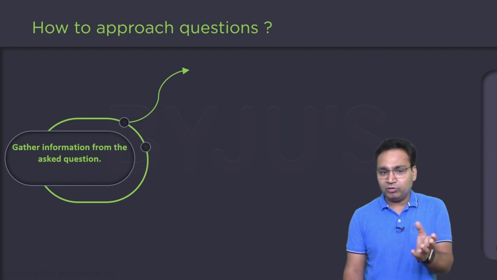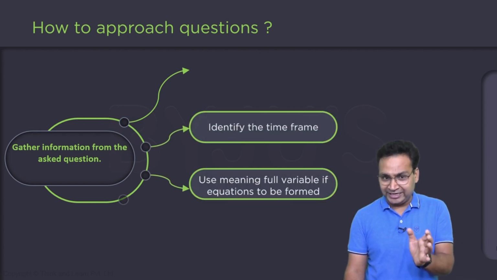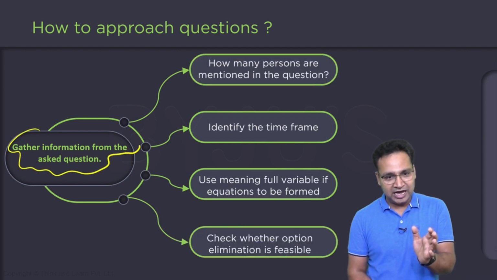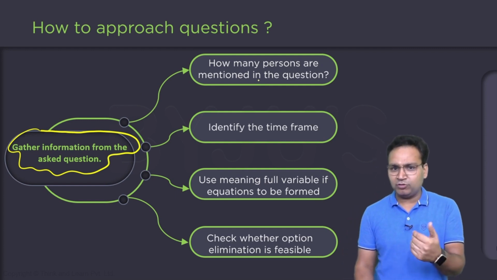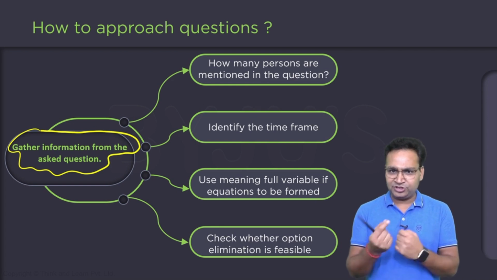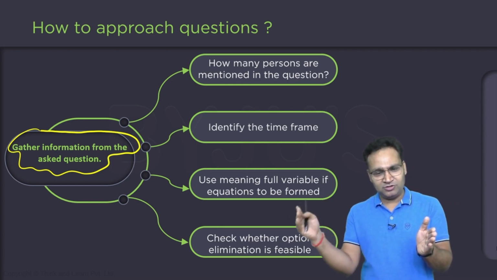When you talk about how to approach questions, the first important point is you should read the question and try to gather the information asked in the question. Then you will try to figure out how many persons are mentioned in the question. It is just 2 people, Ramesh and Suresh. Sometimes it is father, mother, son, daughter.